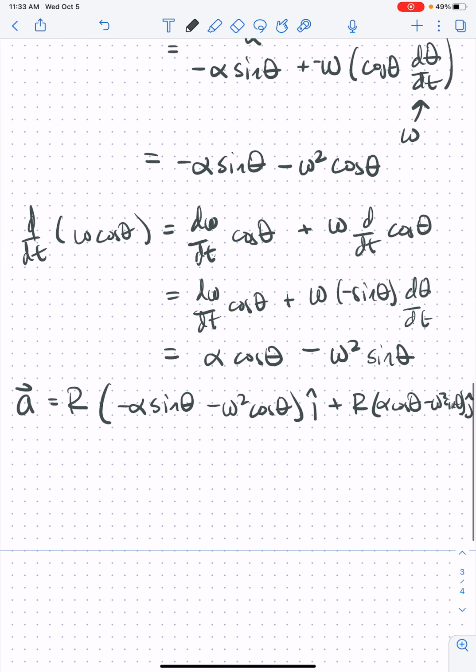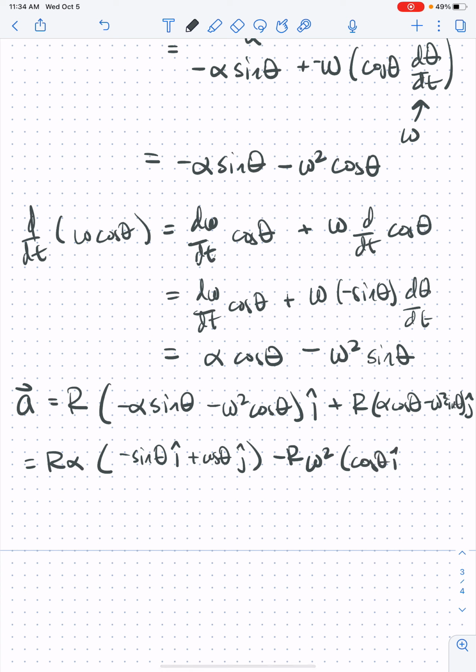And then let's rearrange some terms and see if that helps us make sense of this. So we're going to put all the terms with r alpha on them together and all the terms with r omega squared together. So we've got r alpha times negative sine theta i hat plus cos theta j hat. And then we've also got a minus r omega squared times cos theta i hat plus sine theta j hat.